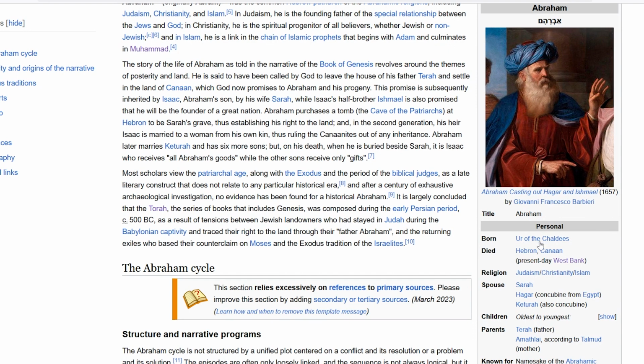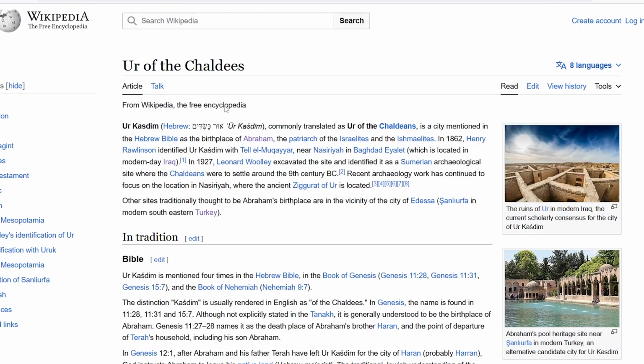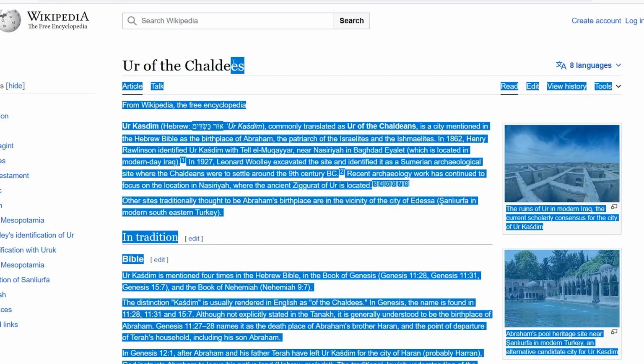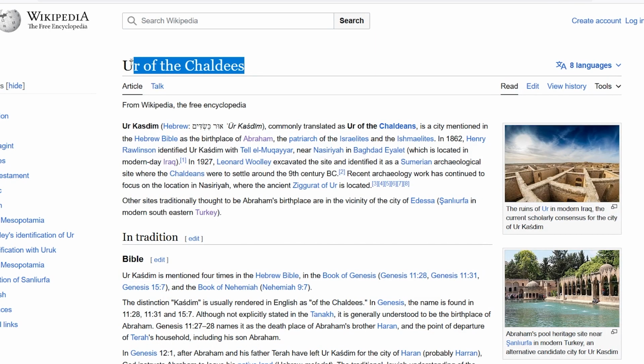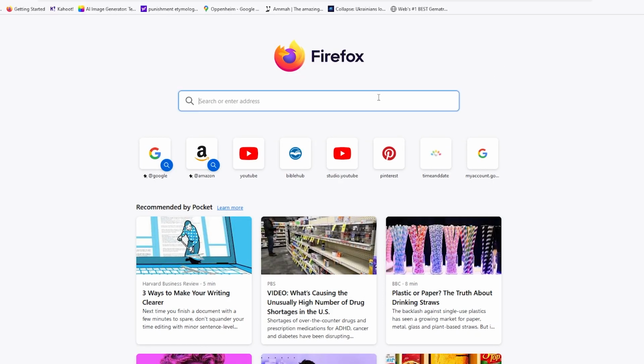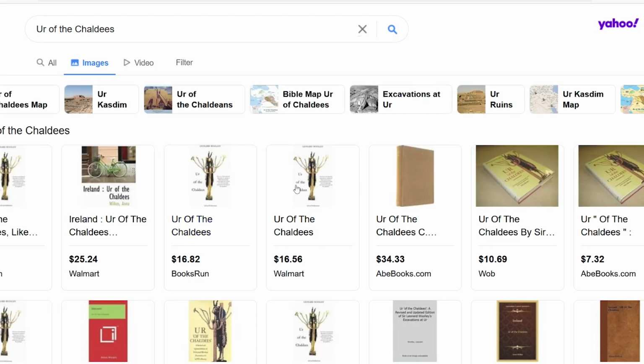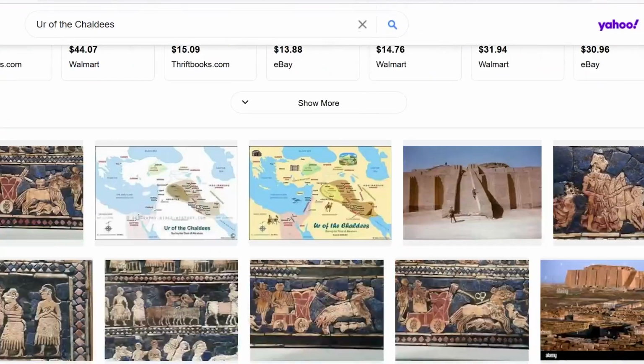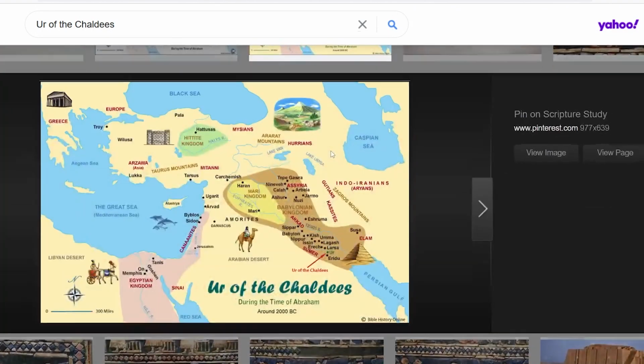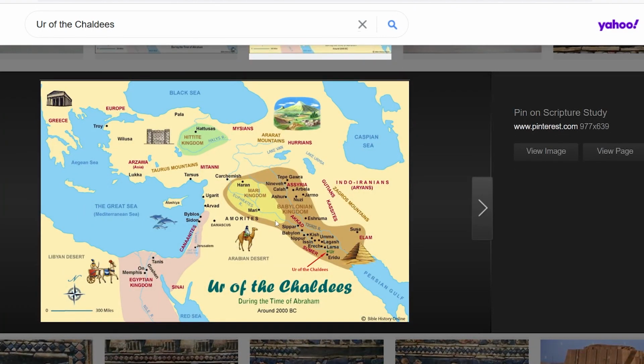But anyway, so look, Ur of Chaldees. Look where Ur of Chaldees is at. Let me get a map. So this is where Abraham came from. Okay, so look, he lived over here.